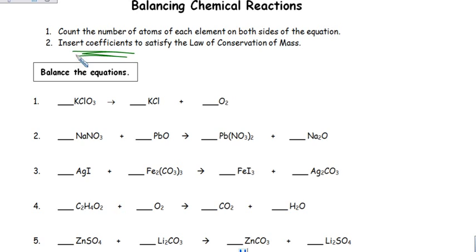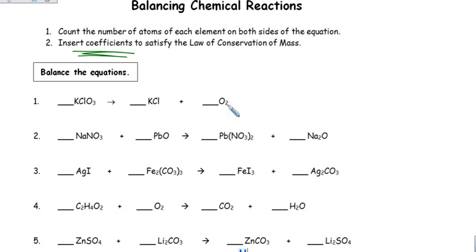So for example, let's look at this first one. KClO3 produces KCl plus O2. Well, yeah, diatomic oxygen gas, that's its elemental form. You can't just erase the 2 by oxygen and make that O3. Oxygen gas is not triatomic, it's diatomic.